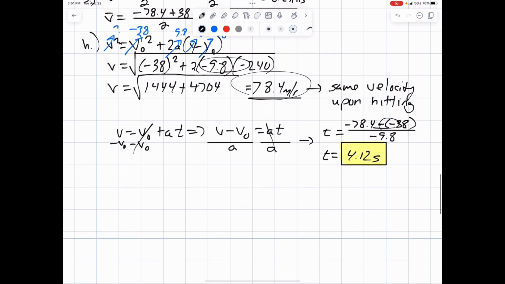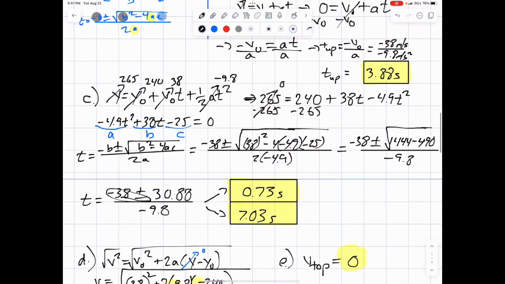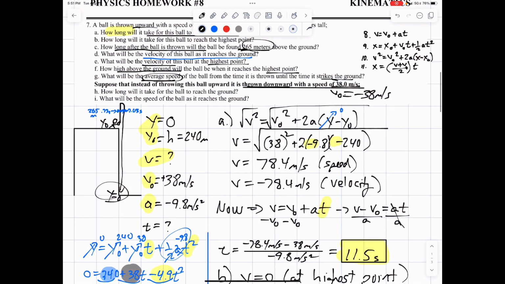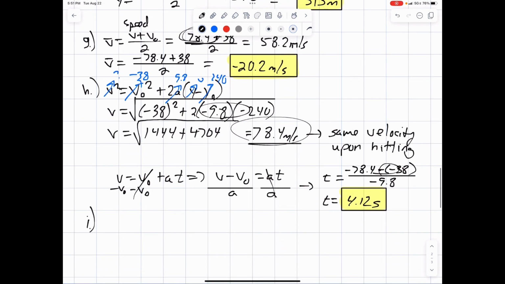All right, and finally, the last part of this, letter I. We are looking for the speed of the ball as it reaches the ground. Guess what? We just did that already. So that would be this part right here.